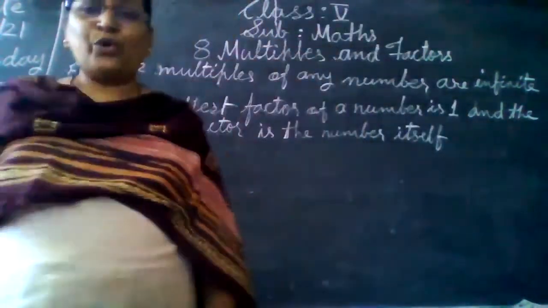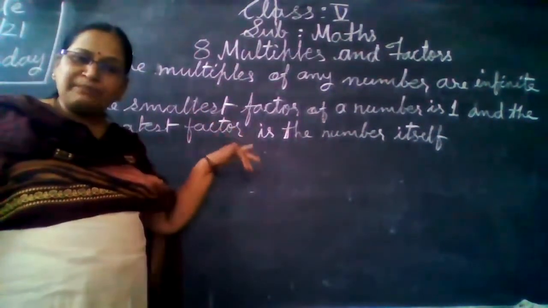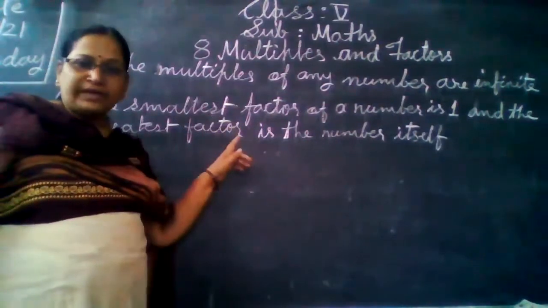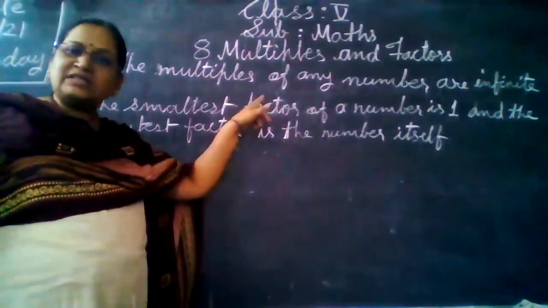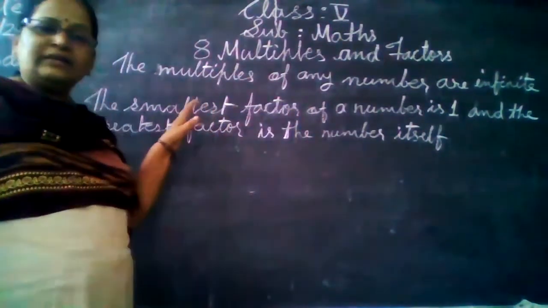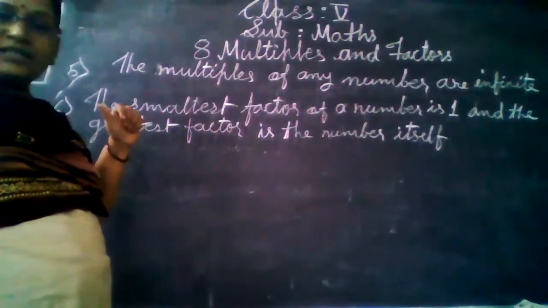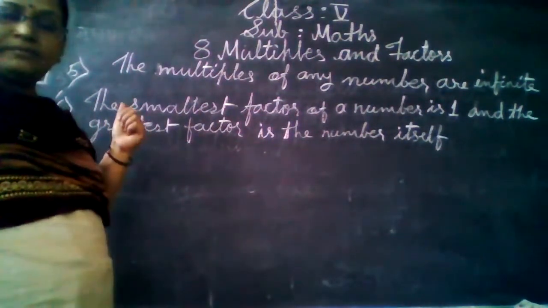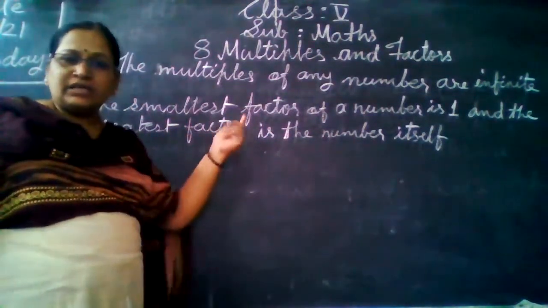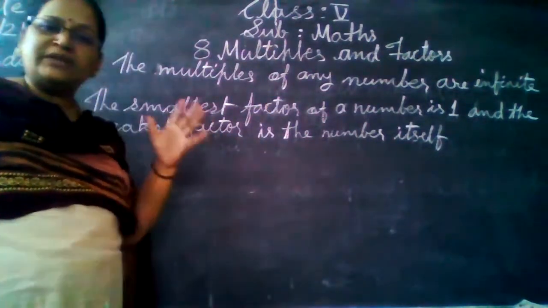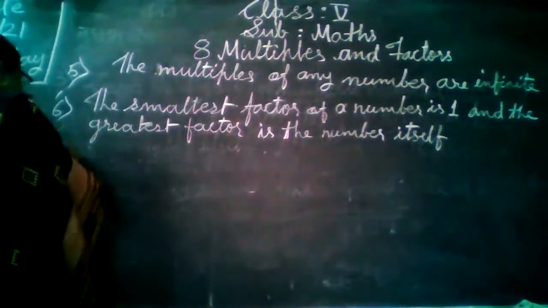In the previous point, we have seen the smallest multiple of any number is the number itself. And here, the smallest factor of any number is 1. And the greatest multiple of any number is greater than the number, and here, the greatest factor of any number is the number itself. So this is the difference between the factor and the multiple.